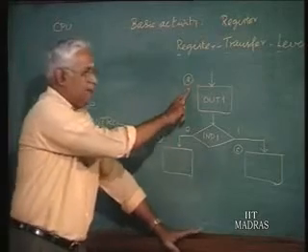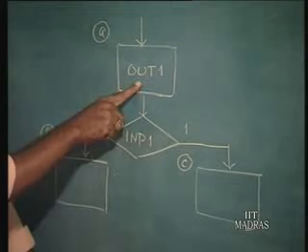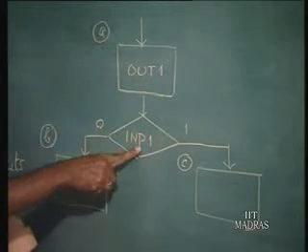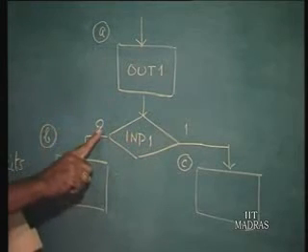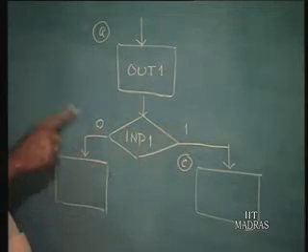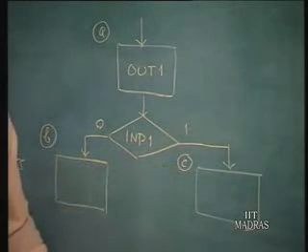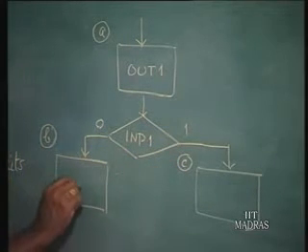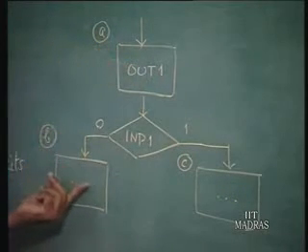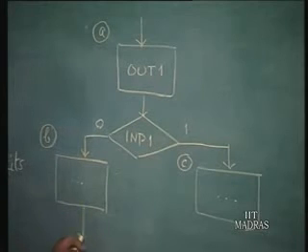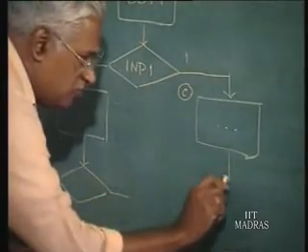For the present state A, the machine generates an output out1, and in that state it checks for an input, and depending on that particular input being false or true, the false next state is B, and the true next state is C. And again in the next state we talk about, as we did here, what is the output and what inputs it checks, and so on and so forth.